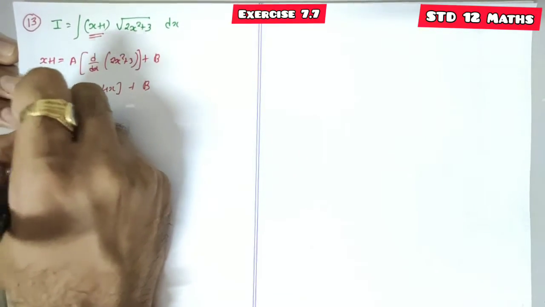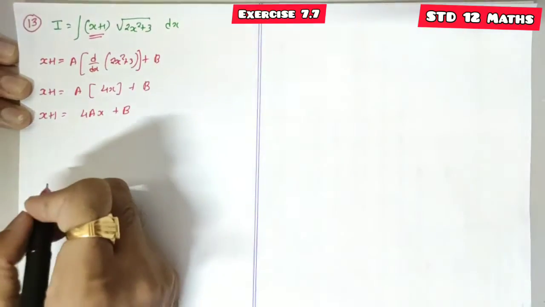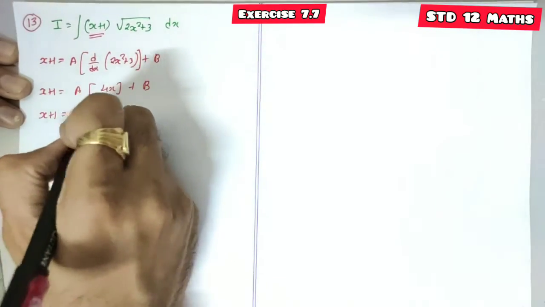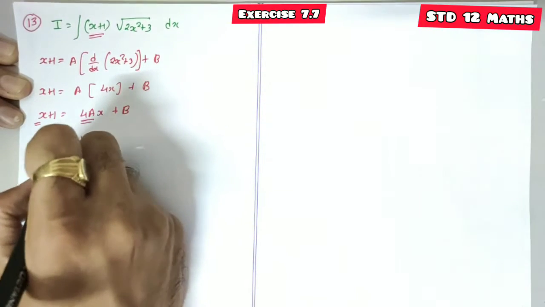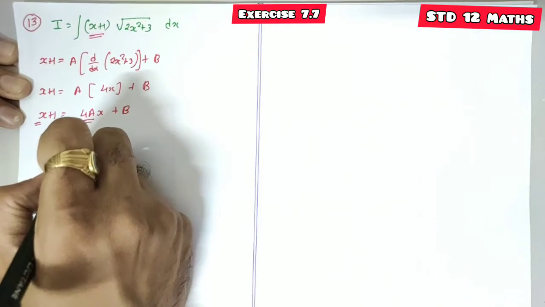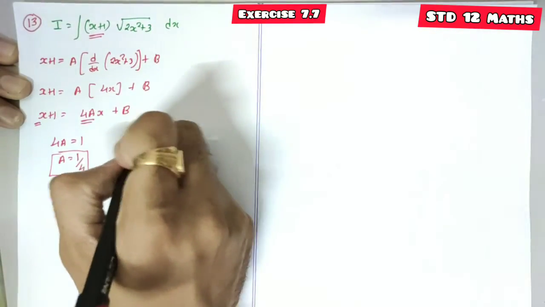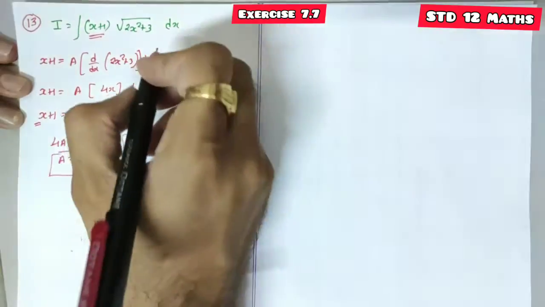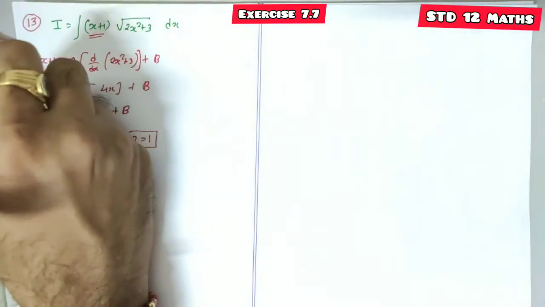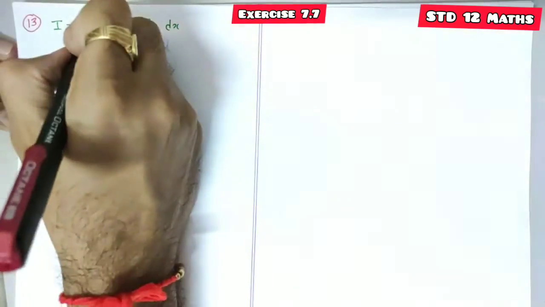So x plus 1 equals 4ax plus b. Compare on both sides. So the coefficient of x is 1. So 4a equal to 1, and therefore we get a equal to 1 by 4 and b equal to 1. Done? So now this is our replacement. X plus 1 will be replaced by this term in this equation.